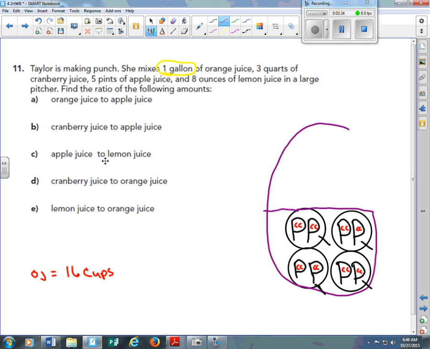Then we look over and we're trying to find the apple juice. We have 5 pints of apple juice. So 2, 4, 6, 8, 10.